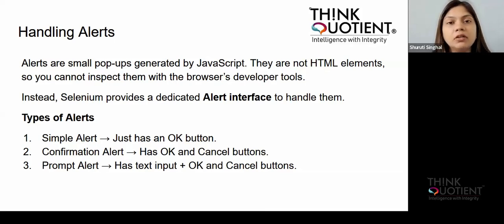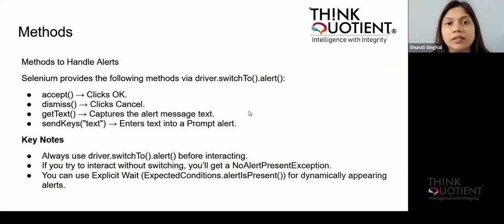The second type of alert is the confirmation alert. This alert has two buttons available, that is OK and Cancel. The third type of alert is a prompt alert, which also has a text input along with OK and Cancel buttons. So we have these three types of alerts. To handle these alerts, we first of all have to switch to the alert.